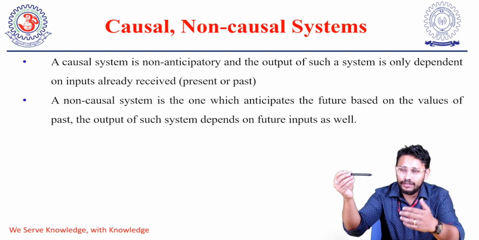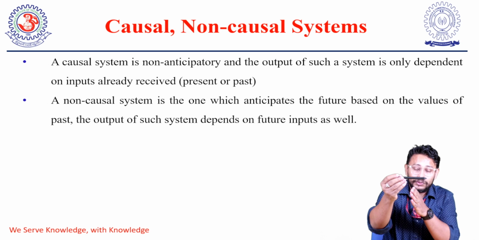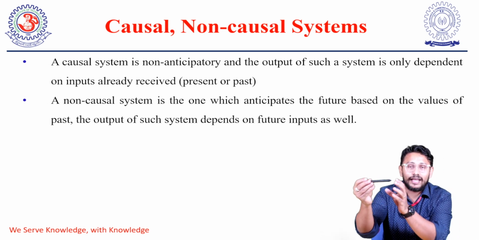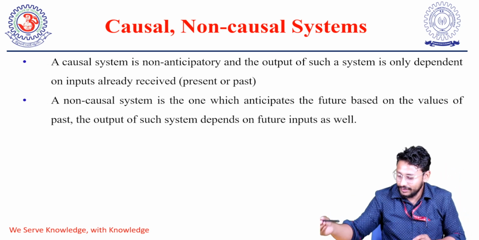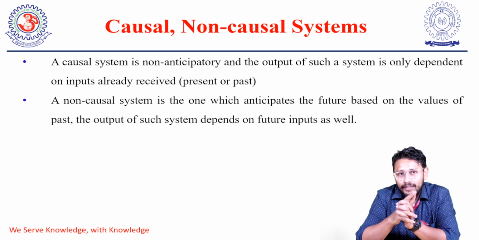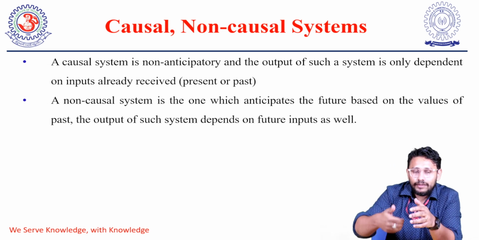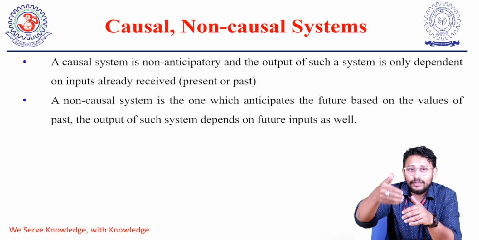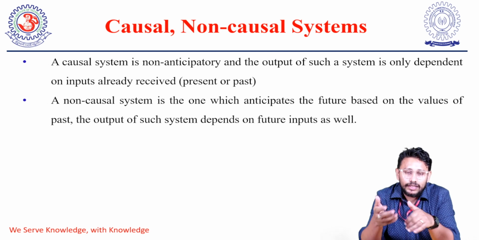And as time continues, the missile is moving, so should your target when the defense mechanism is launched, and it should go and hit. Now, this is an example of a non-causal system, wherein the system basically has to anticipate the future, and that is done based on the past. And the output of these kinds of systems depends on future inputs as well.